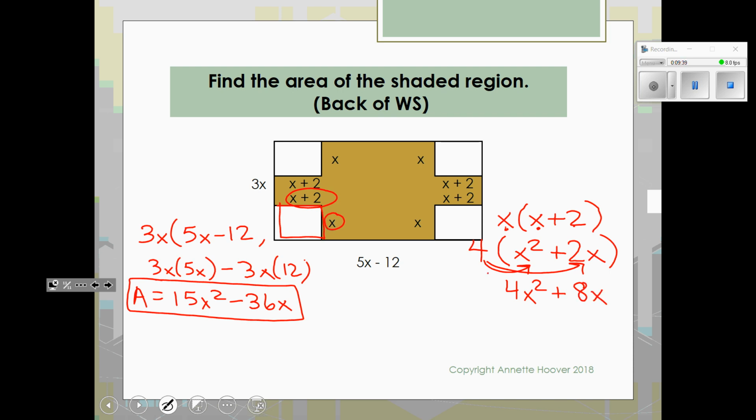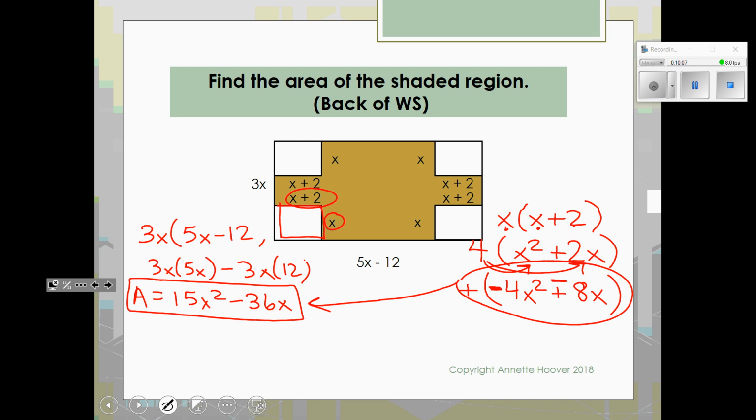Now we want to subtract this polynomial from the area of the rectangle. We have learned that when subtracting polynomials, we're actually going to add the opposite. So we have to remember that we add, and we change each sign to the opposite. So this is going to become a negative, and this is going to become a negative. So when I combine this, remember we're adding the opposite.